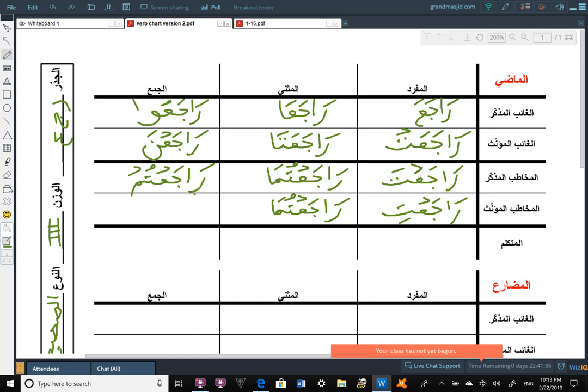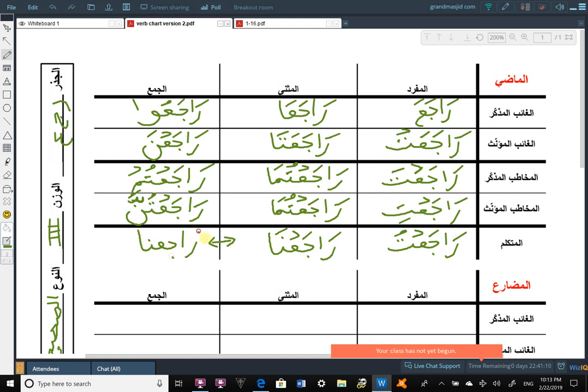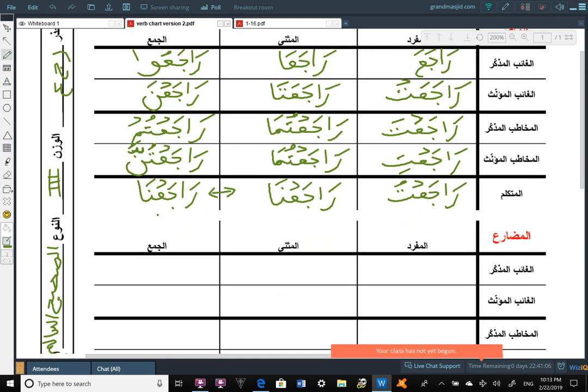Antunna raja'tunna. Ana raja'tu. And these two are the same, raja'na. That's your past tense, al-madi.